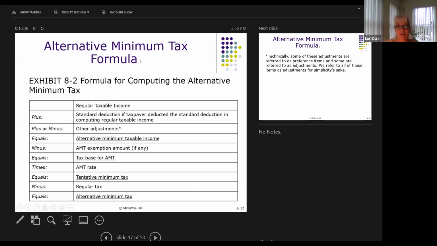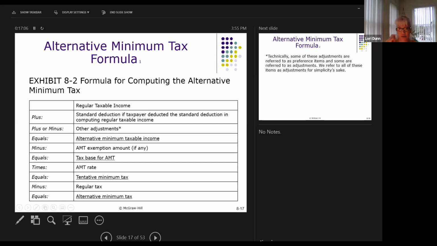Okay, so again, first start with taxable income where it stands now, adjust it to get your alternative minimum taxable income, determine and subtract the exemption you're allowed for AMT. That's your tax base. Once you subtract that, based on your tax base, determine the rate and calculate tentative minimum tax.